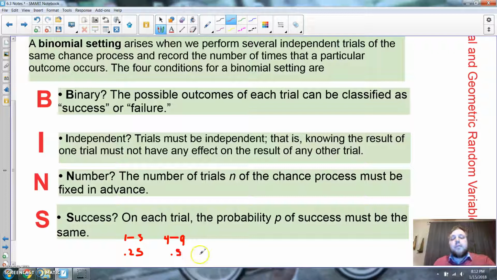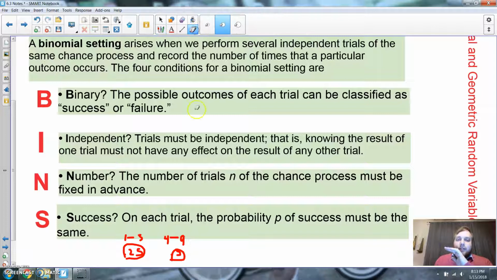Yes, these are binary, because you could either get it right or wrong. It does have a set number, because there are 9 questions. Does one question affect the other? Hopefully, if you answer A on the first one, it doesn't mean the second one is not going to be A. But your successes would be different, because for the first 3 it's a 25% chance, but for the next several you have a 50% chance. So the probabilities of success all need to be the same.